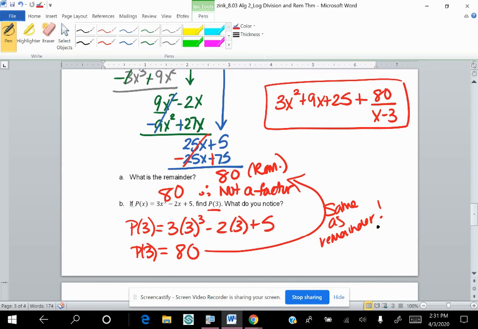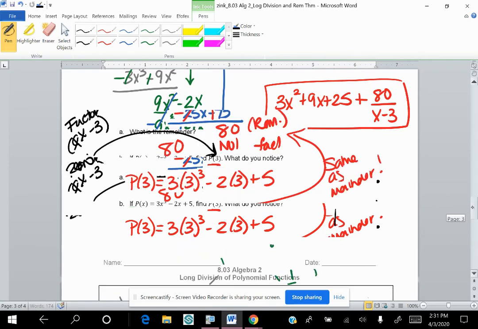So that's pretty cool, because what does that mean? If we take what our 0 is, so this is our 0 right here. 0 is at 3, or our factor is at x minus 3. The factor is x minus 3.